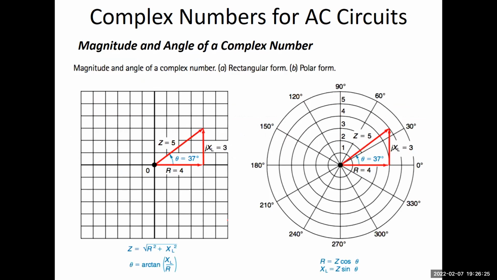And this is how you plot the impedance Z. We have the magnitude and then we also have the phase angle of 37 degrees.